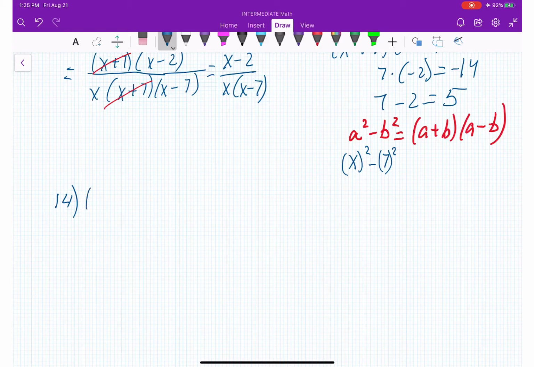What do we have? 6x plus 7 divided by 36x squared minus 49, and then 6x squared plus 23x minus 35.